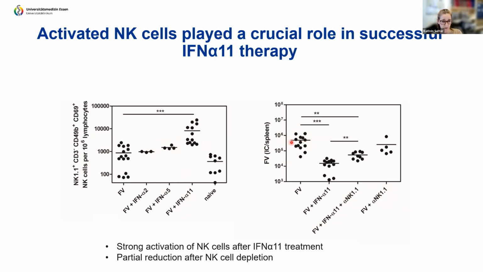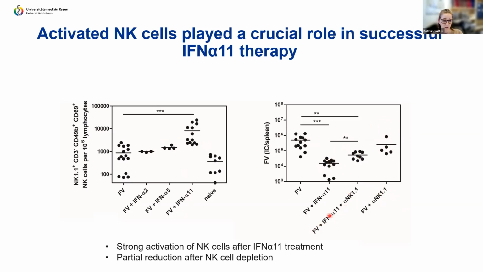So again, we have the Friend virus infection. We treat them with alpha 11. You see this very strong reduction in viral loads. When you only inhibit NK cells during Friend virus infection, there is no significant decrease. So in the normal infection without interferon, they do not have such an important role, especially during 10 days post-infection.